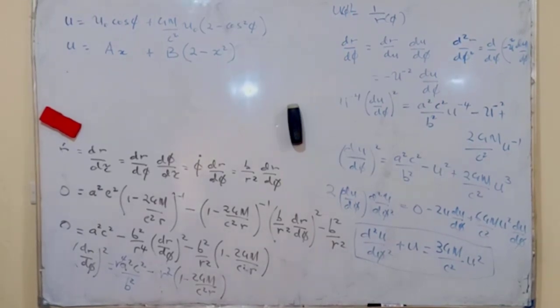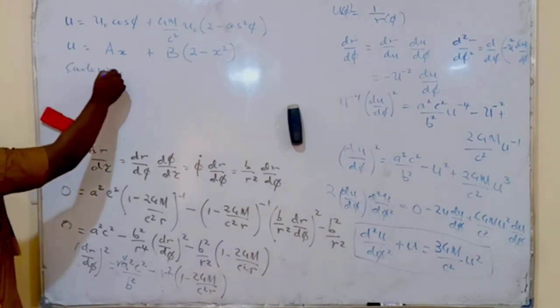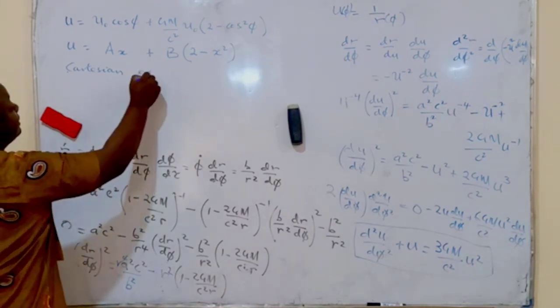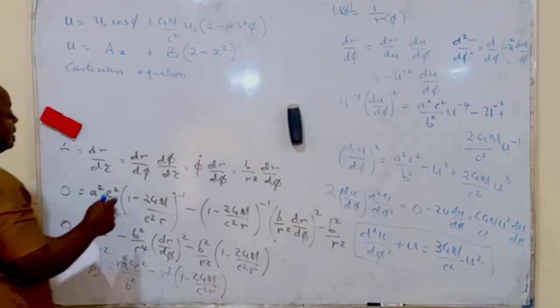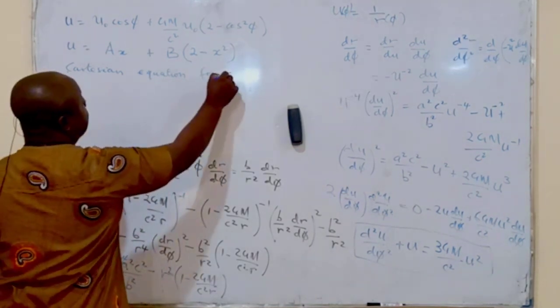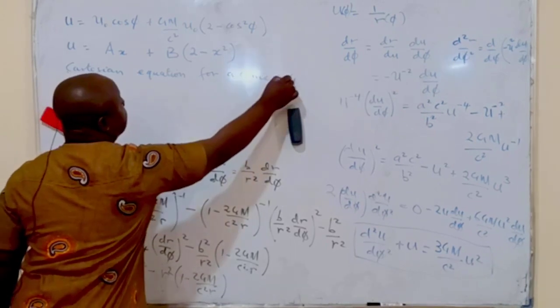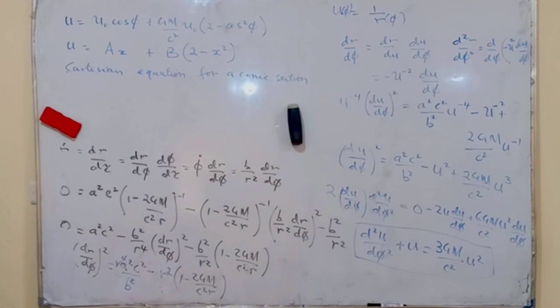And then again we can identify this equation as a Cartesian equation of a conic section.